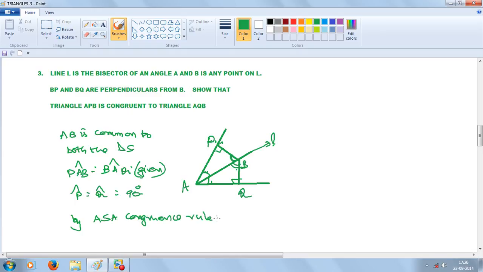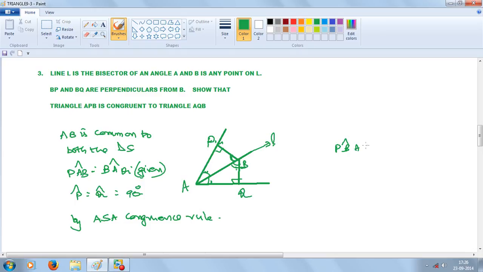Why is this ASA congruence rule applied? Side is common, and angle A is bisected. Actually, angle B also is bisected, equal. What about this PBQ?